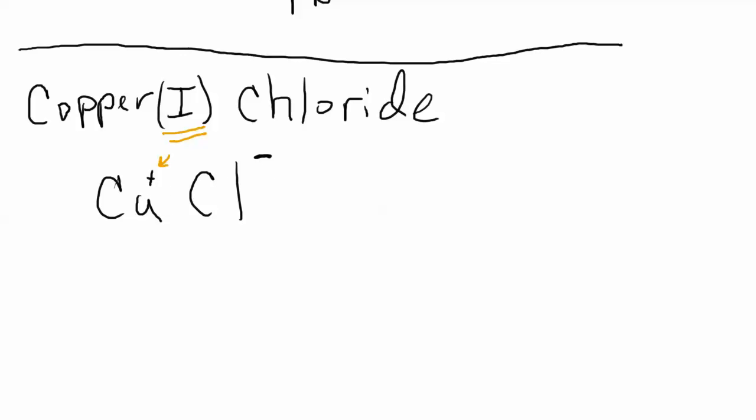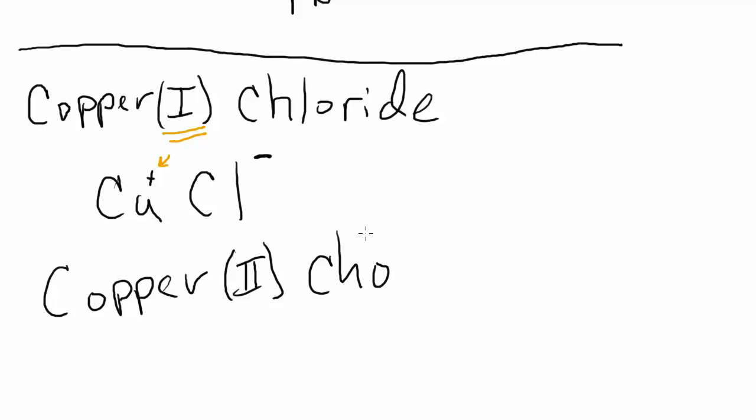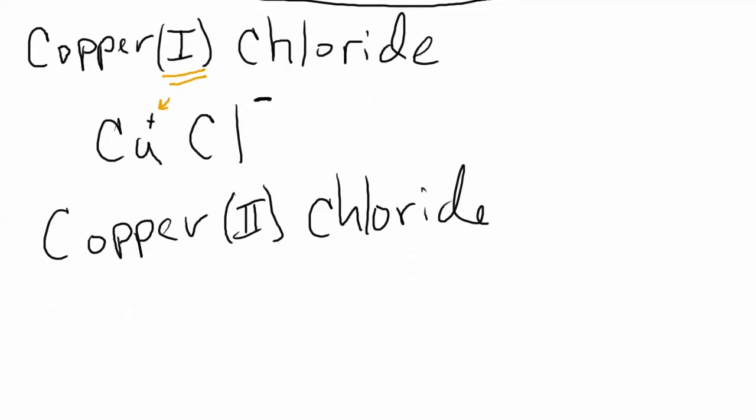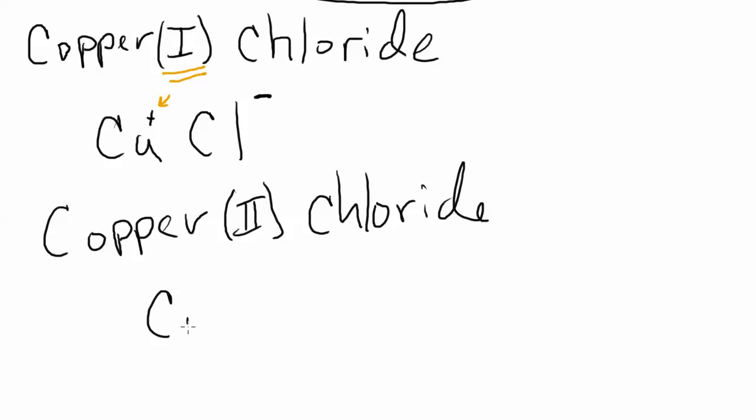Another common ion of copper is +2 though. So that would be copper(II) chloride. Well, it still has a copper ion and a chloride ion together. But in this compound, the Roman numeral here is telling you that the charge of the copper ion, remember the Roman numeral is the charge, is +2.